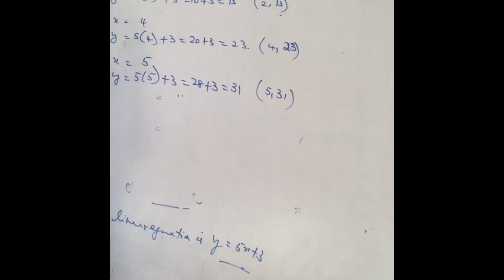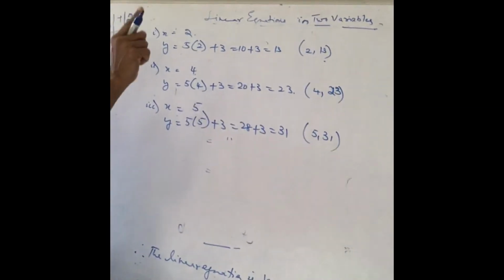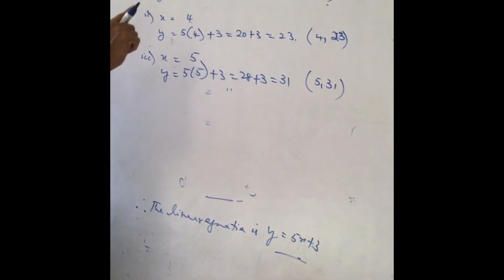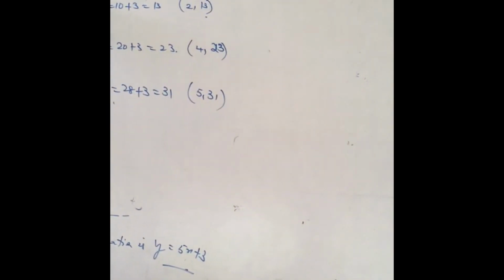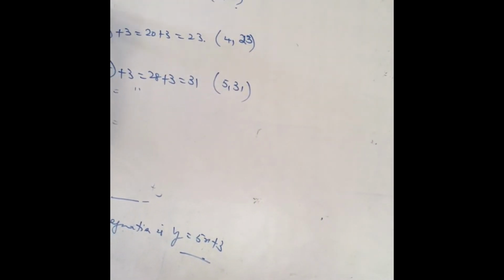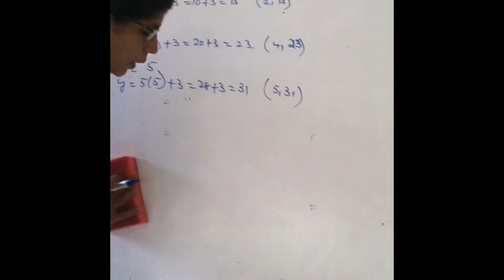Why did I take only positive values, children? Because distance is never negative. You won't go minus 20 kilometers or minus 2 kilometers or minus 4. We always travel in the positive direction. When distance is positive, automatically the fare also will be positive. Now you need not divide the graph paper. Why?